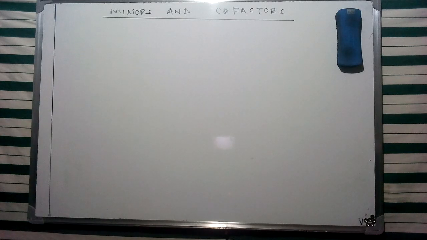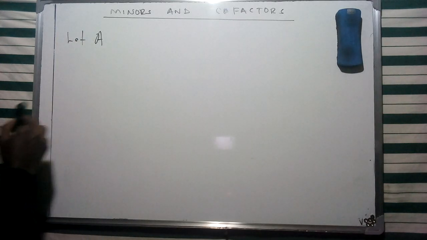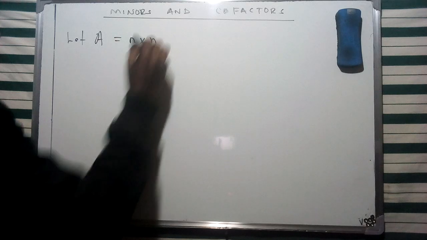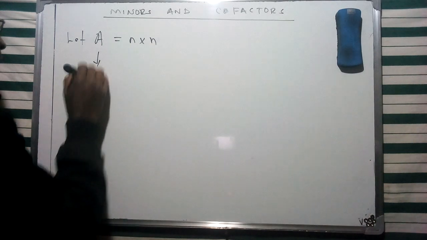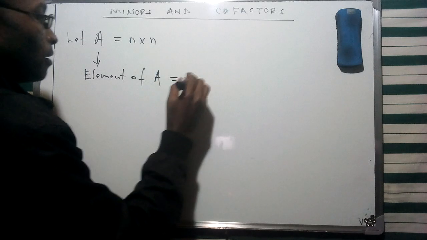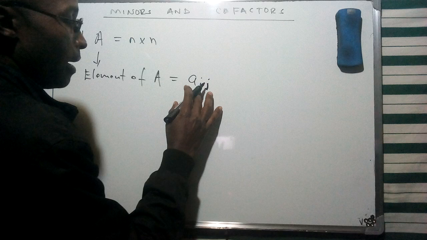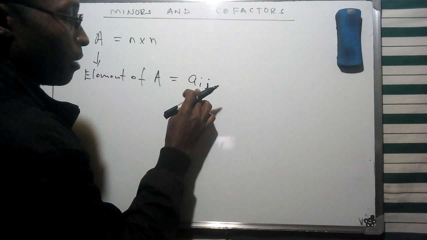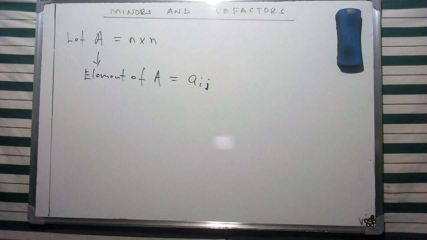In our case here, we're going to consider an n by n matrix A, with a general element given in terms of a_ij, where i represents the row and j represents the column.